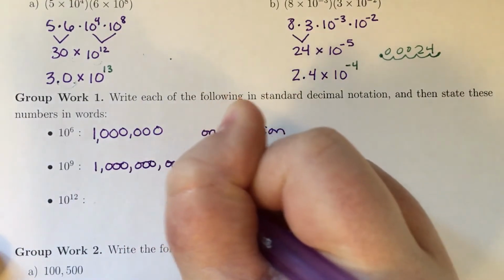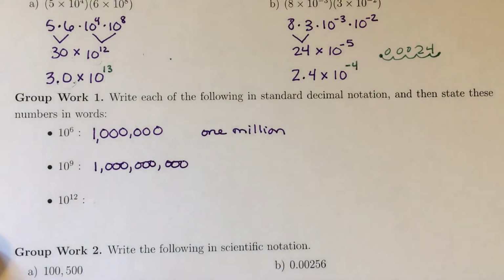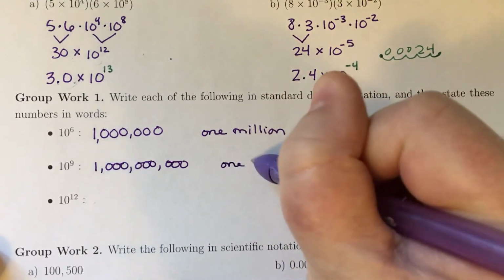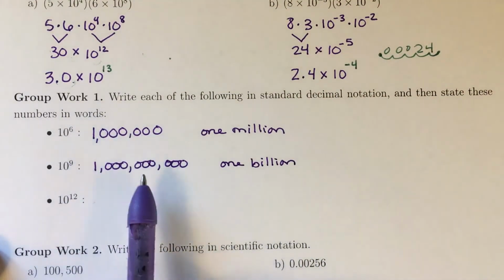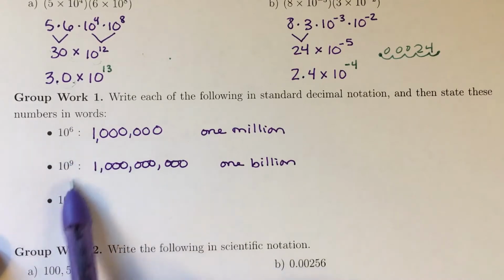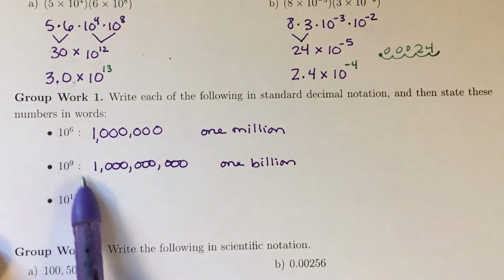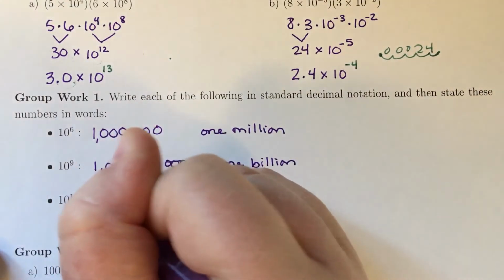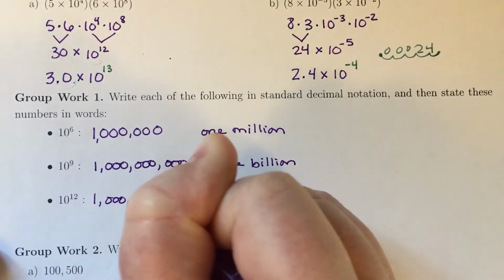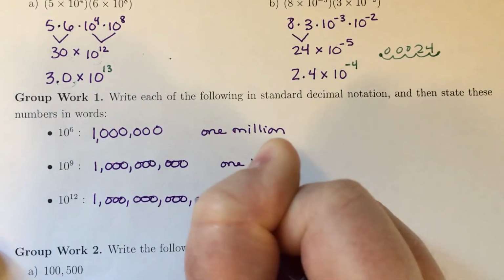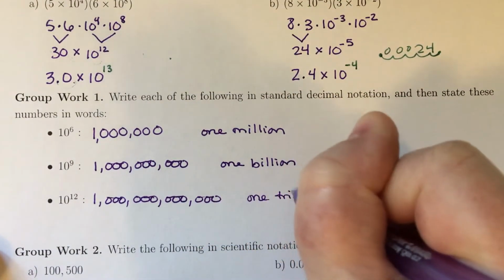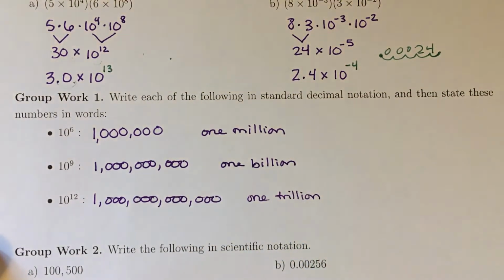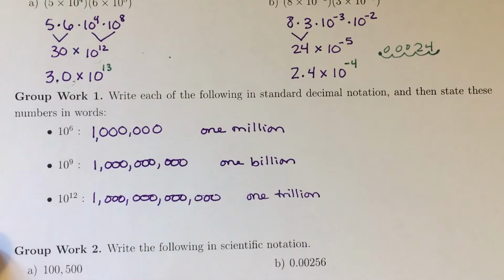And I specifically picked the ones with multiples of 3 because I wanted to make sure we knew that the difference between a million and a billion is 10 to the 3rd power. If I multiply by another 10 to the 3rd power, then we get a trillion. So 12 zeros makes 1 trillion. Huge.